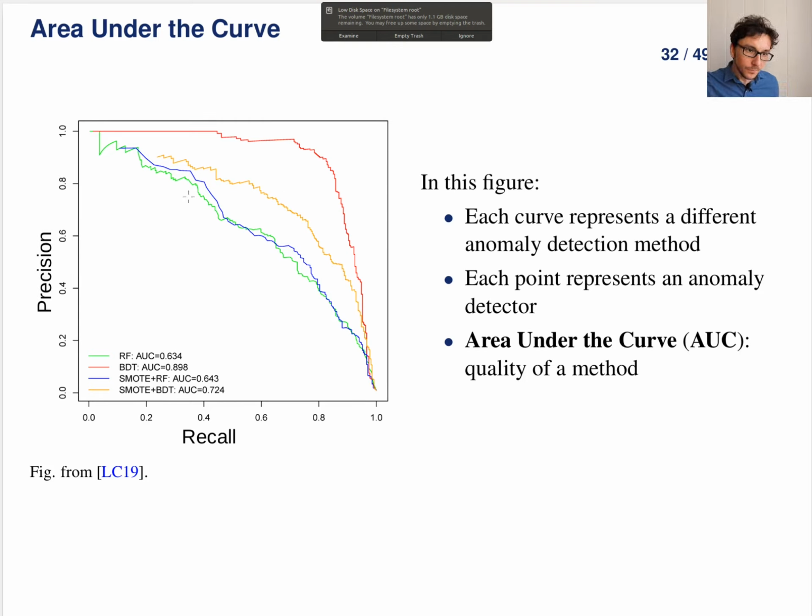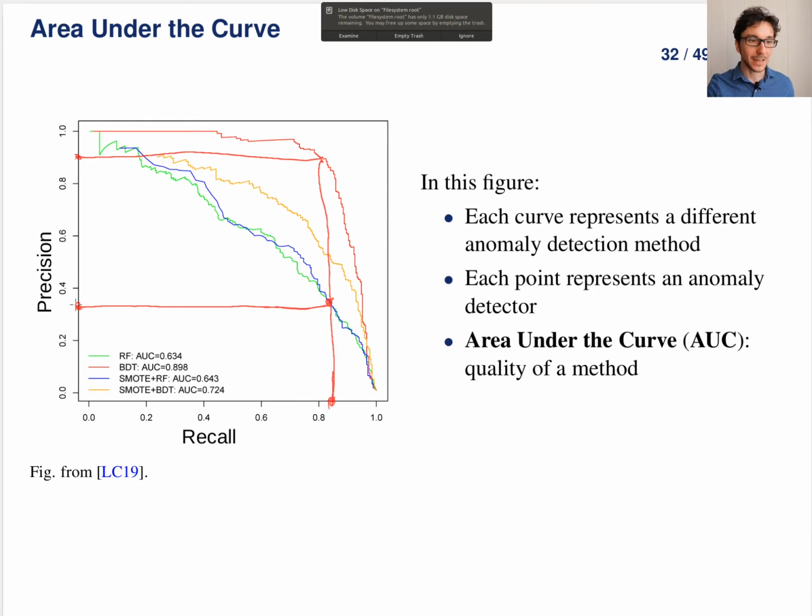Well, it is clear that the red curve is way better, because with the red curve, we may have sort of 85% of recall with also a quite high precision. While if we take the blue line, in order to get 85% of recall, we will have a very imprecise detector.